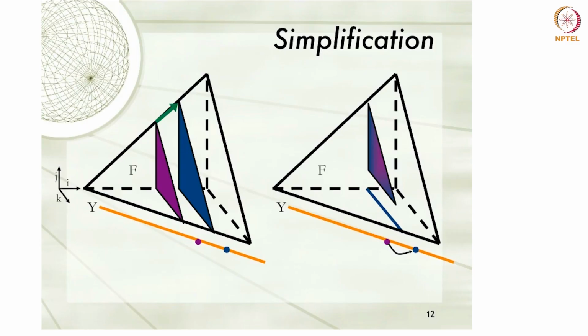Another way of thinking about this is I have to do this for all the slices, for every result that is computed. In other words, I'm going to take that entire pyramid and translate it in the direction of this green vector. And what happens is everything that is in the intersection of the two, I can get rid of.